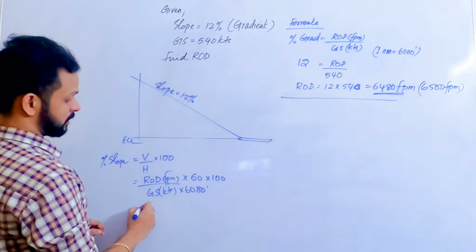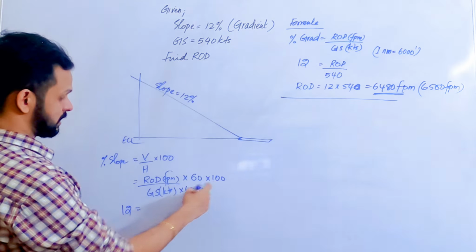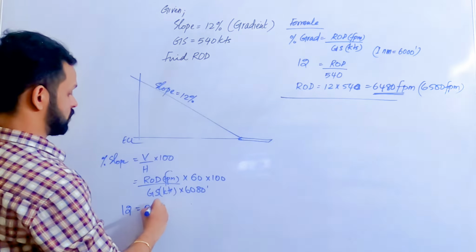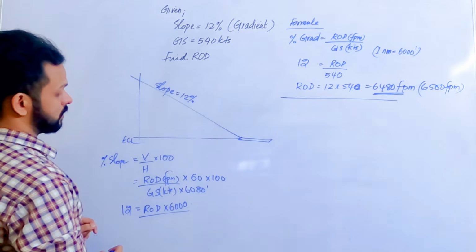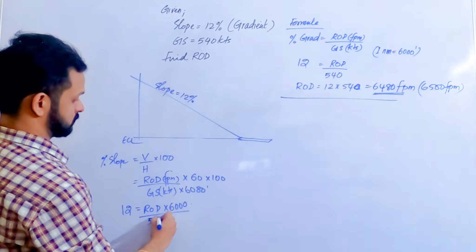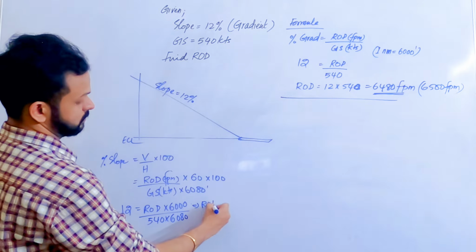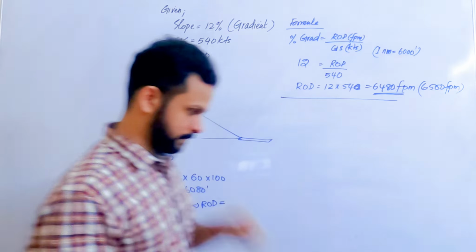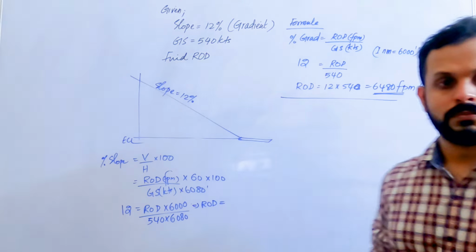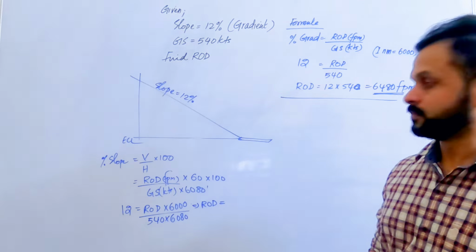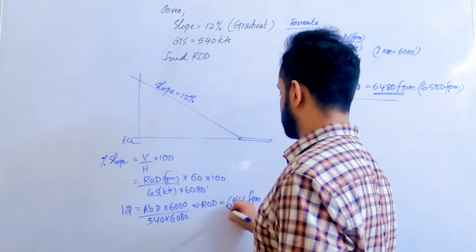Let's substitute: 12 into 540 into 6080 divided by 6000 gives 6566.4.